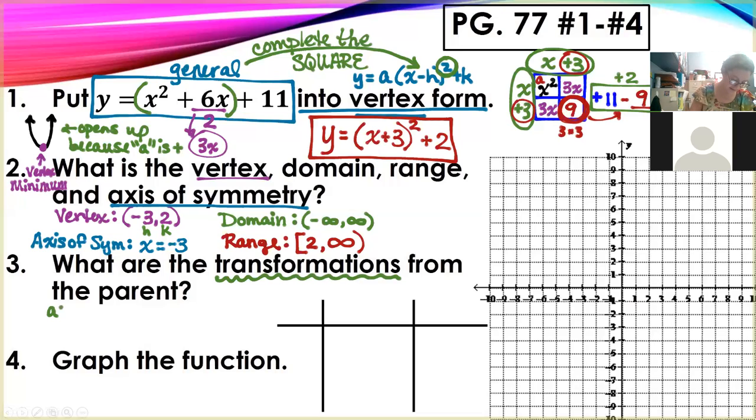So let's start by identifying what the values are for A, H, and K. What is our A value here? 1. H came from my vertex, so that's -3, and we have to be careful about H because that's the tricky one. And our K value is 2.